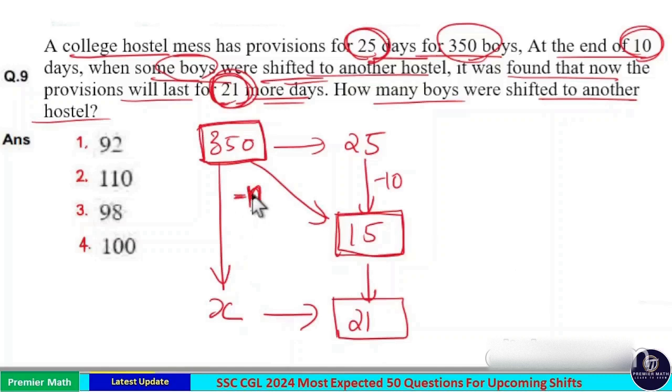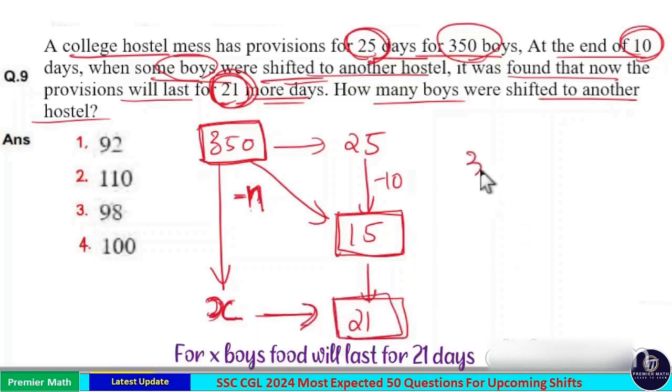But after n boys leave, there are x boys remaining. Now for these x boys, food will last for 21 days, which means 350 into 15 is the food remaining, which is equal to x into 21.